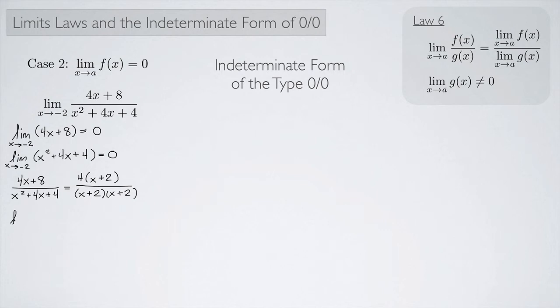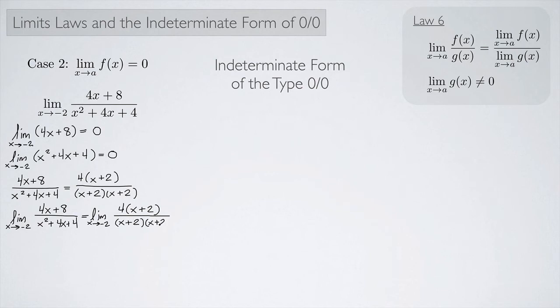So now we can say that this original limit that we had, the limit as x approaches negative 2 of 4x plus 8 divided by x squared plus 4x plus 4 equals the limit of the factored form. So this is the limit as x approaches negative 2 of 4 times x plus 2 divided by x plus 2 times x plus 2.